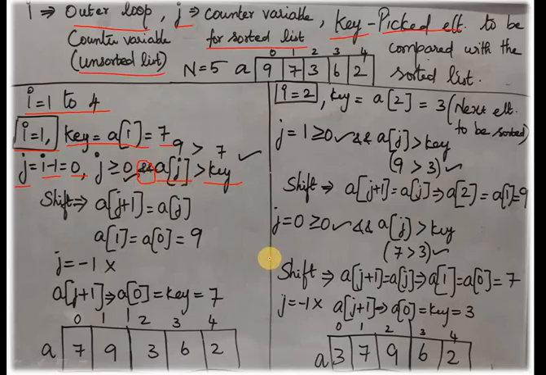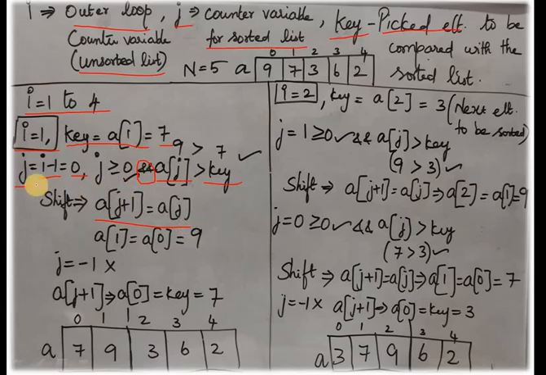If both the conditions are true, we have to shift the sorted list item. Which item are we checking? Our jth item. The jth item should be moved to which position? The j plus 1 position. So a of j plus 1 is equal to a of j.